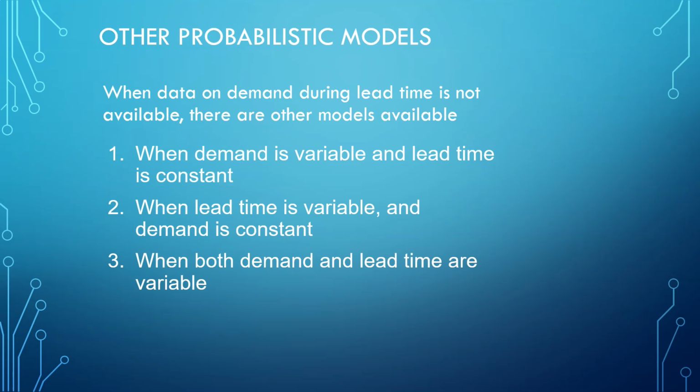Those are other probabilistic models that we are not going to address in this semester, but just for you to know that there are other models that can cover the demand, and based on whatever variables we are using, we can choose the appropriate approach or model. That will be all for inventory control.